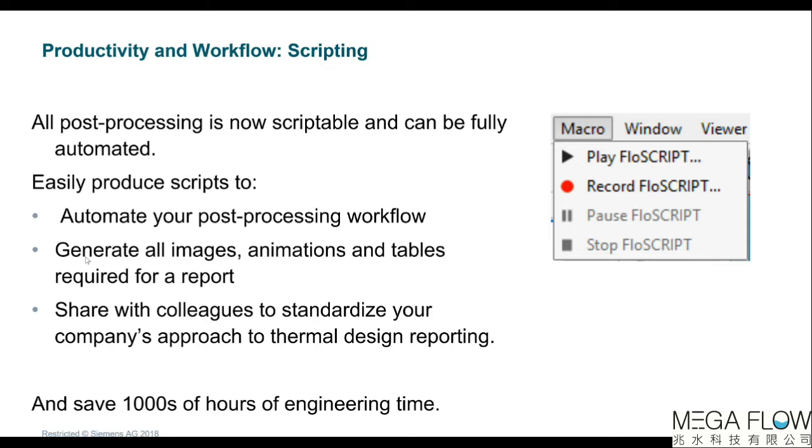And what that means for you in terms of productivity is that you can easily produce scripts to automate your post-processing workflow. For example, you could use a FlowScript to generate all images, animations, and tables that might be required for a report. Or you can choose to standardize your company's approach to thermal design reporting by creating a FlowScript and sharing it with colleagues within your group or within your division.